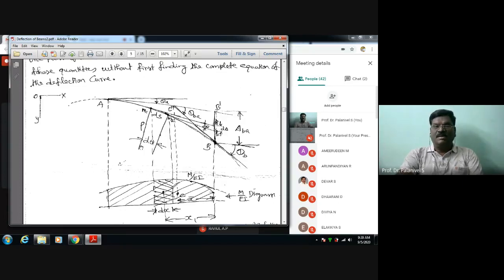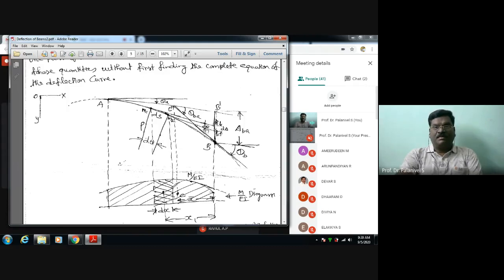The angle subtended at the center of the curve is d theta. If you draw normals to M1 and M2, the angle subtended at the center is d theta, and the angle between the perpendiculars is also d theta.